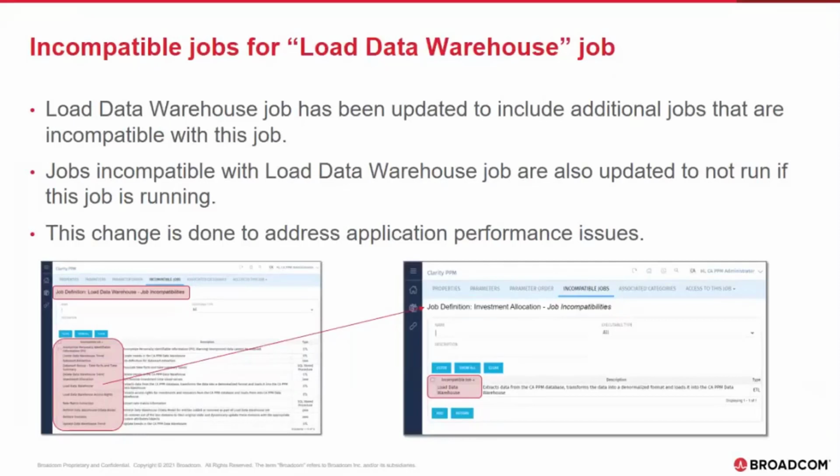So when you go into your job definition for load data warehouse, you will now see tons of additional out of the box jobs that will prevent this load data warehouse job from executing if any one of those jobs are already running. In addition, for the same list of jobs that are made incompatible with the load data warehouse job, we have also made that job incompatible with load data warehouse. So this way now, only one of them will execute at a given time, or they will wait for the other one to finish.